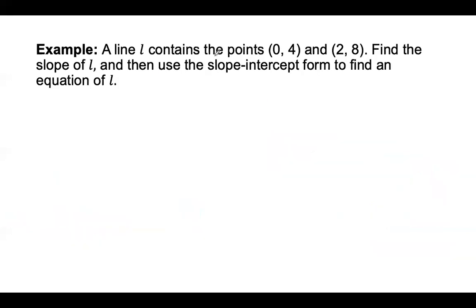Okay, suppose we have a line and it contains the points 0, 4 and 2, 8. Find the slope of this line and then use the slope-intercept form to find an equation of the line. So what we're doing is finding the slope, m, and we have these particular points.